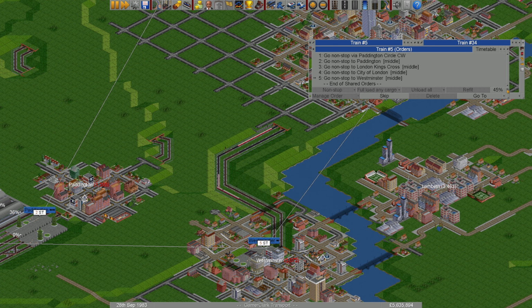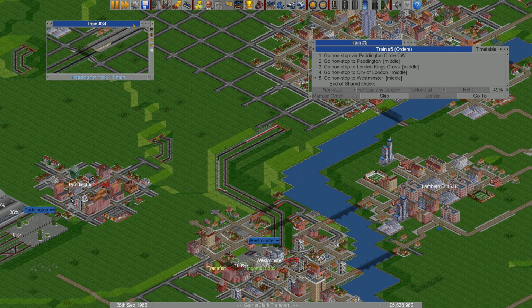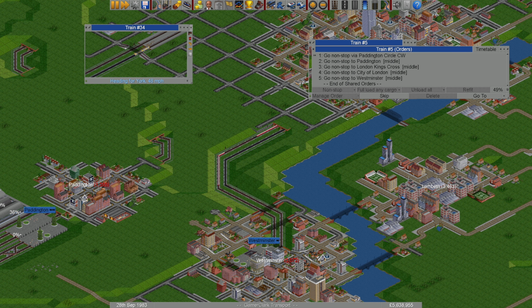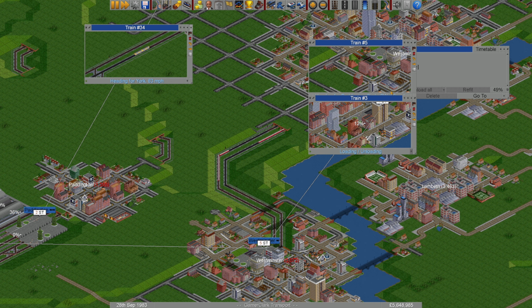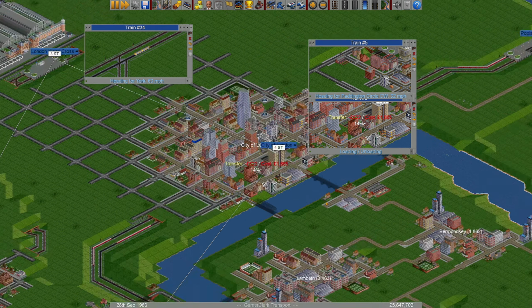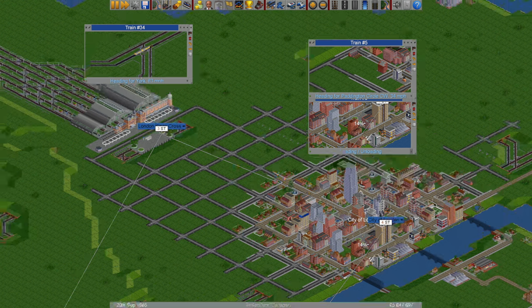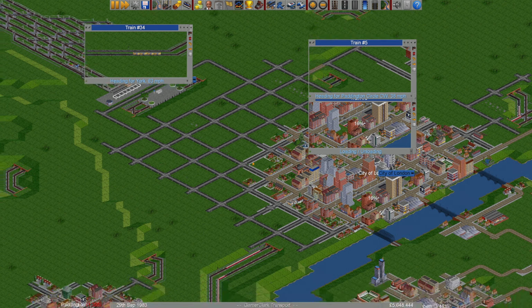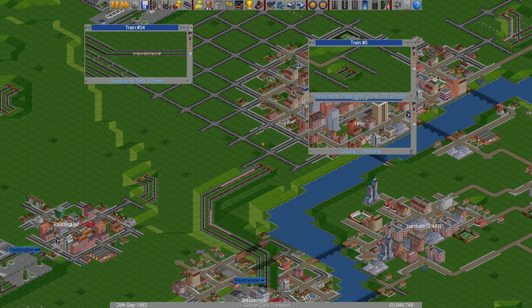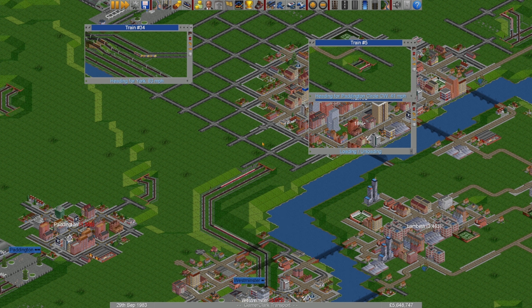Where's the other one? Let's double check that one. Let's leave our new train up there. So that one's here now. They seem to be going down nicely now. So just waiting for them to go. Just keep an eye on these two.